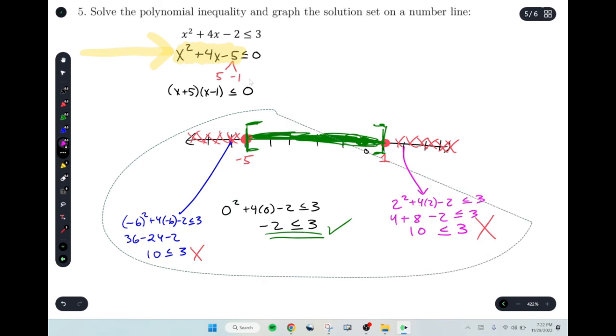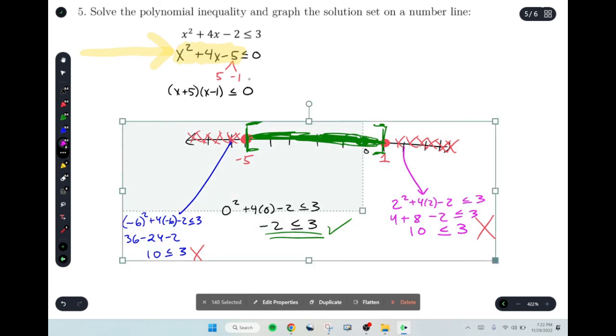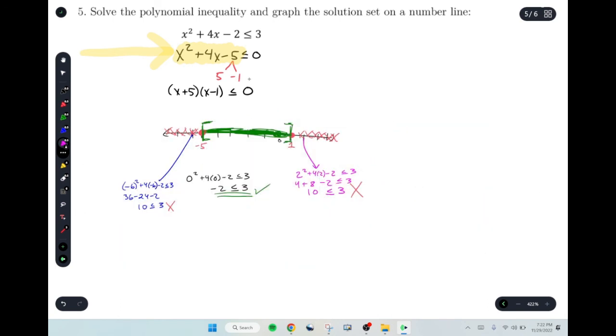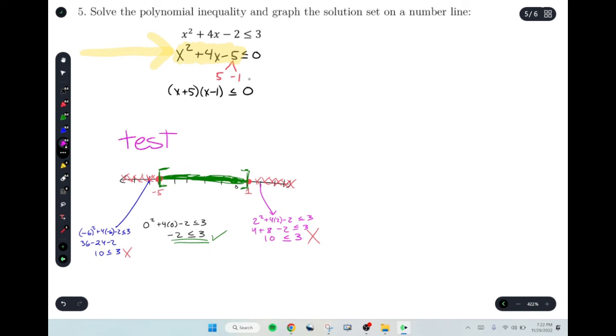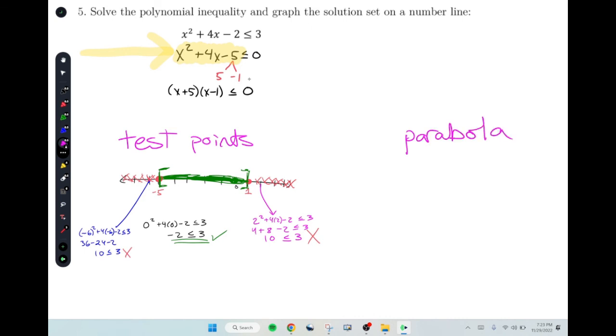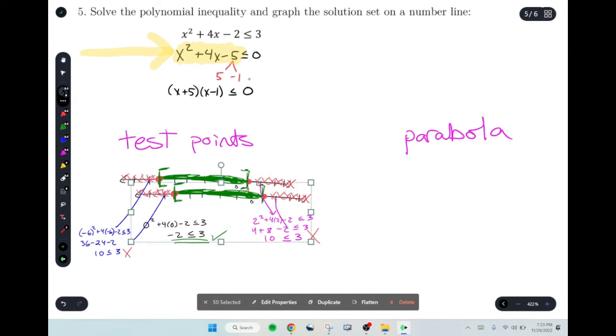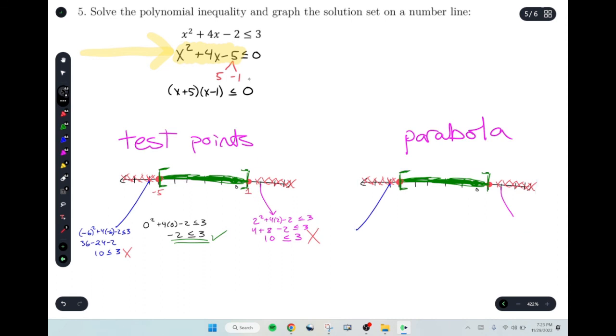So this is test points. And this is parabola. With the parabola way, I would do the exact same thing almost. Just instead of testing points, I would draw my parabola.